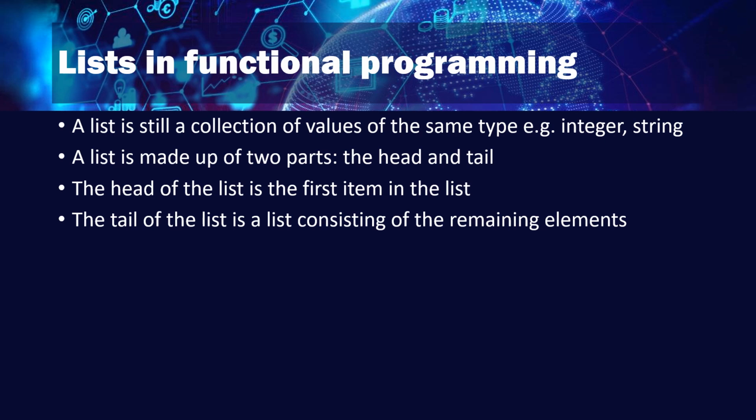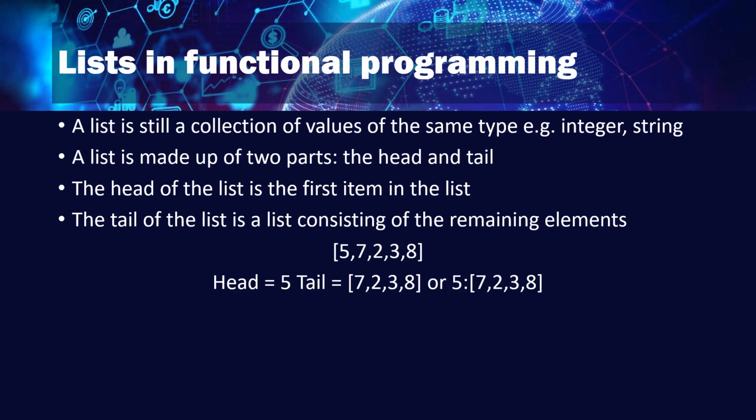So the list 5, 7, 2, 3, 8 has a head of 5 and a tail which is a list with the values 7, 2, 3 and 8. If we have a list with just one value, such as here where we have a character x, then the head of this list is x and the tail would be an empty list.